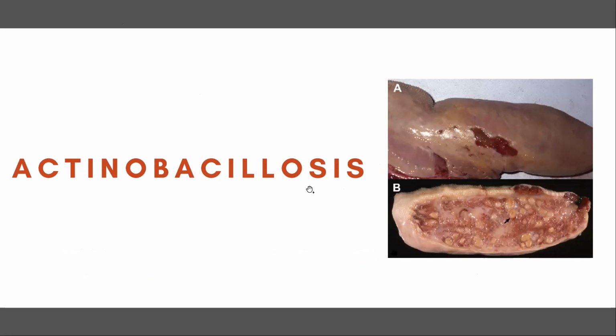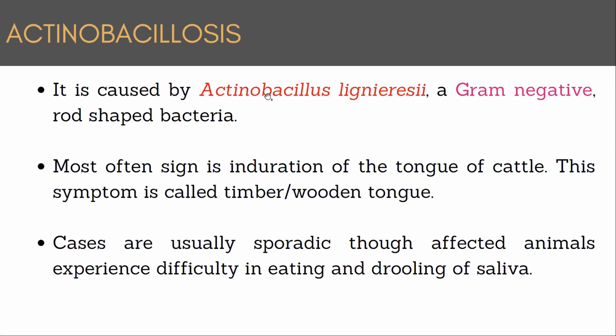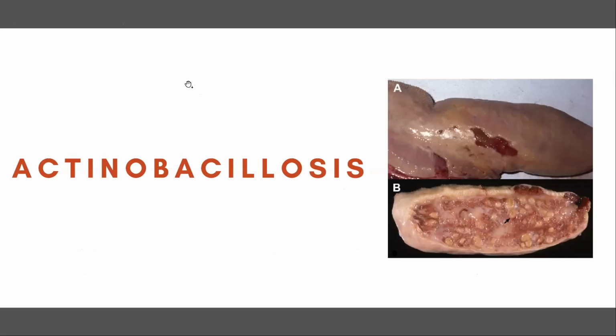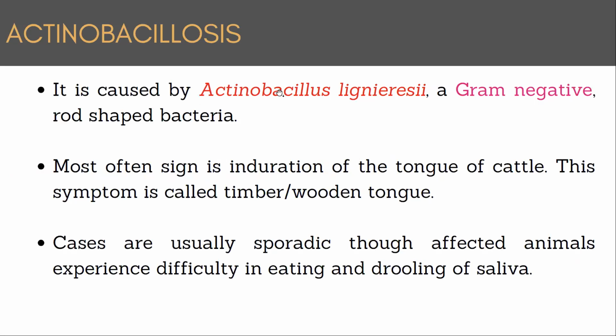So it is caused by Actinobacillus lignieresi. Actinobacillosis, giveaway yung name ng causative agent, Actinobacillus. Actinobacillus lignieresi is a gram-negative bacteria, and most often sign is induration of the tongue in cattle. So this symptom is called timber or wooden tongue.